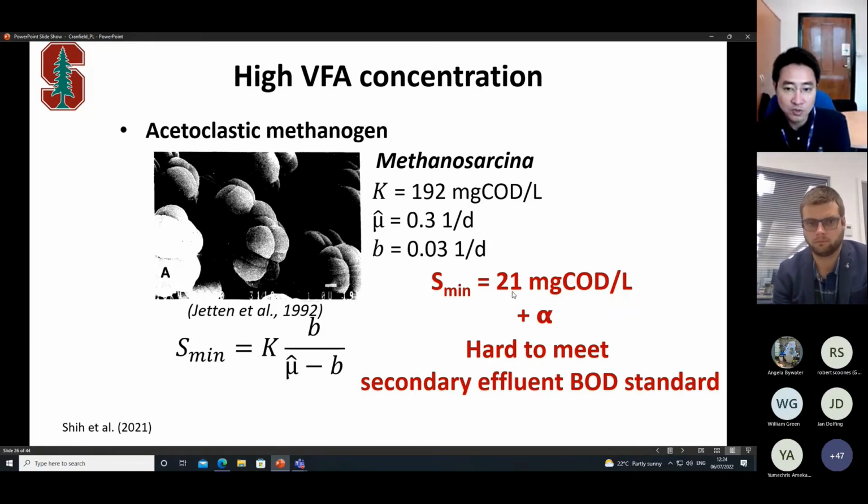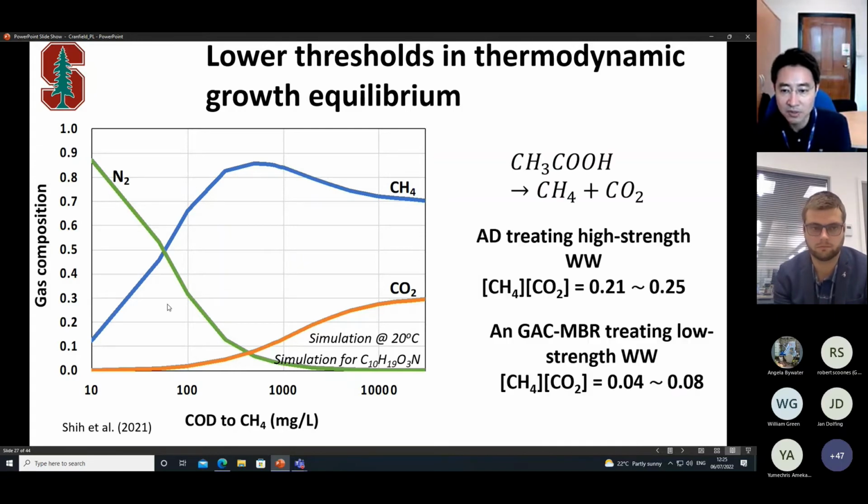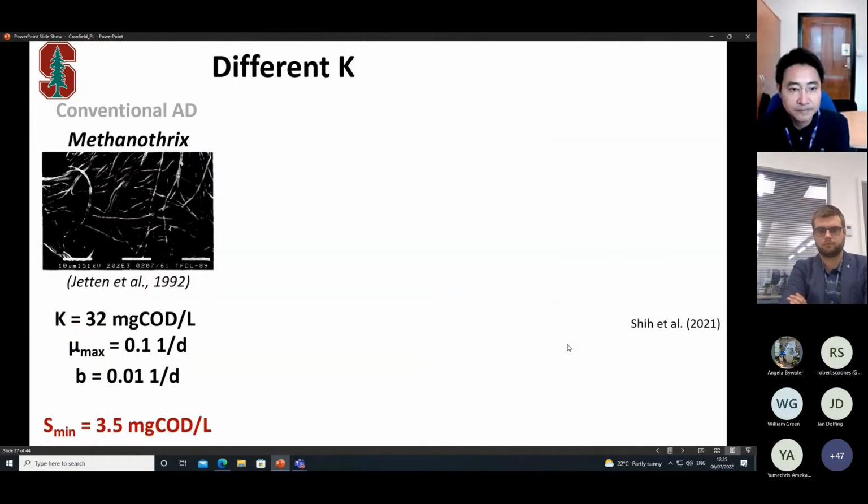So that's why our textbooks report that anaerobic sewage treatment would not work for sewage. But then we got data, and we found that with a low concentration of COD, it can be possible. The difference is the methane to COD ratio is quite low. We'll talk about why, and we have the data to share with you later on.